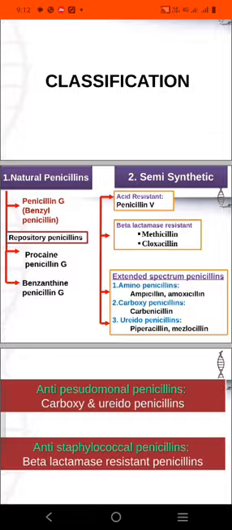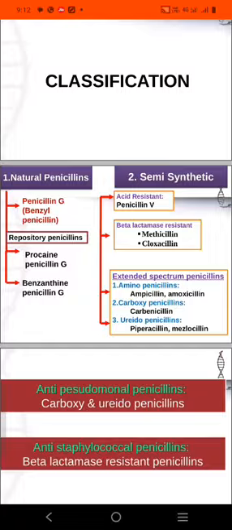This is phenoxyethyl penicillin, because if we give penicillin by oral route, it is destroyed by the gastric acid present in the stomach. So we can't give this natural penicillin by oral route. In order to overcome this, we convert the natural penicillin into an acid-resistant penicillin, that is phenoxyethyl penicillin and phenoxymethyl penicillin.